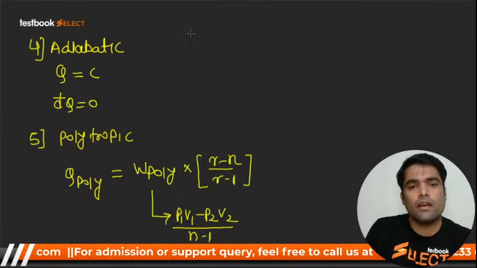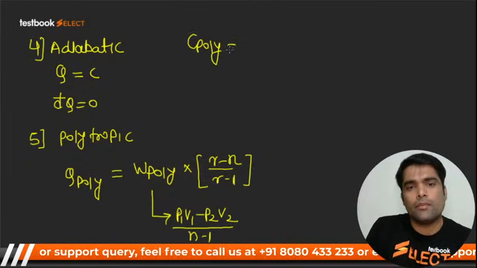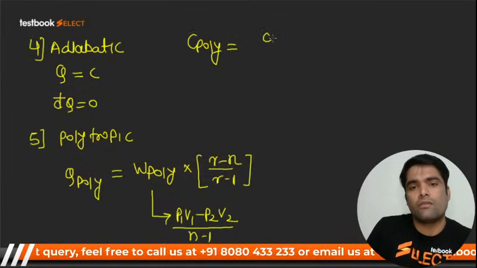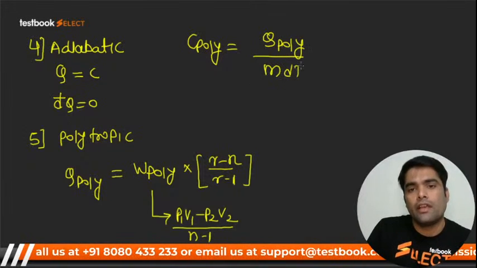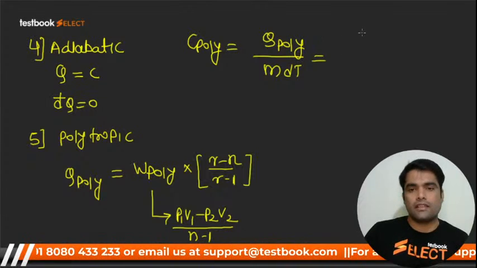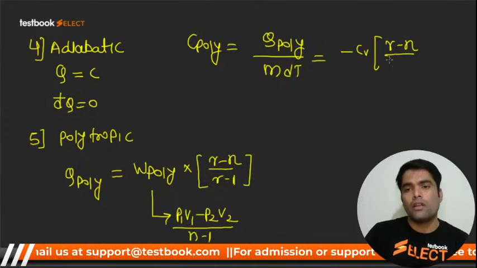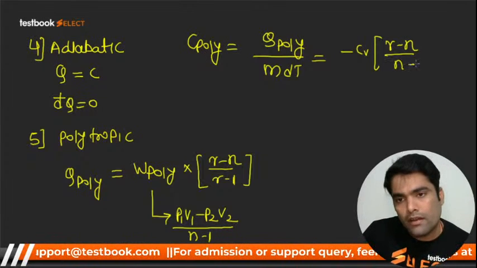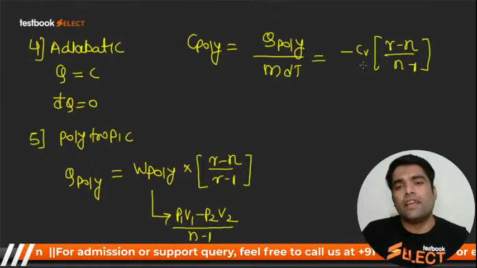Point fifth is done. Now we have C poly. C poly we can calculate, and it is none other than Q poly divided by m into dT. And you will get, it is none other than minus Cv (gamma minus n) upon (n minus 1). And it is negative. Why is it negative?